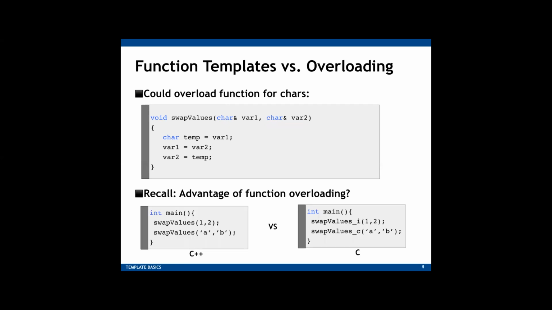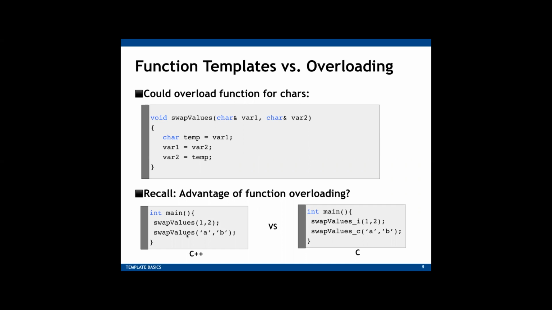Recall that C does not have a function overloading feature. For C++, we have function overloading, and here we overloaded the swap values functions for int and character types. Because of that, now we can call swap values using two int type values, 1 and 2, shown in this example.